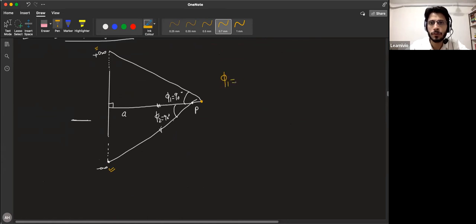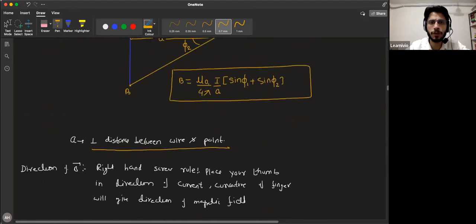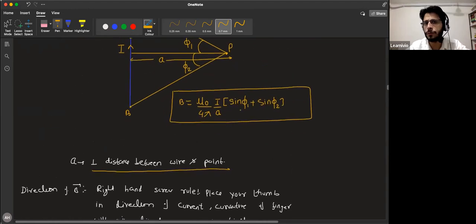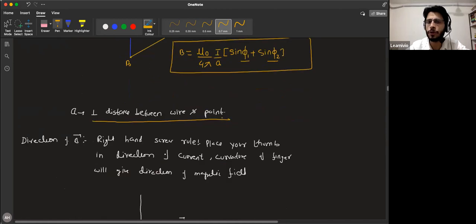If the length becomes infinity, then phi 1 and phi 2 will become 90 degrees. So we can substitute the values of phi 1 and phi 2 here. Instead of phi 1 and phi 2, we substitute 90 degrees.